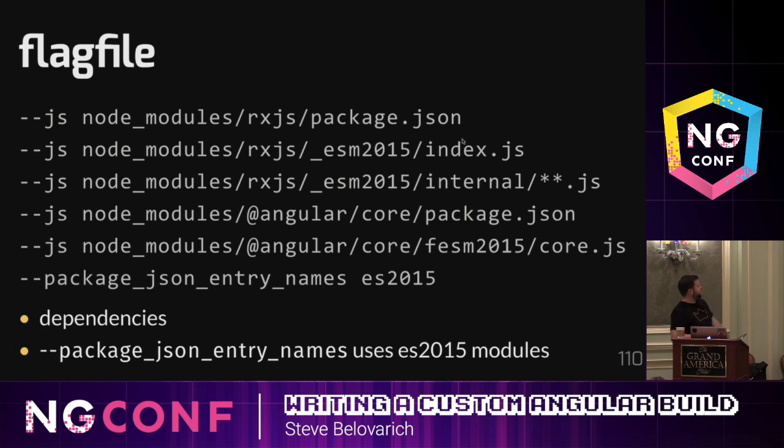So with RxJS, for instance, we're going to tell Closure Compiler to use the ESM 2015 modules in RxJS and try to bundle using those. We're going to give it access to all of the Angular dependencies that we need for our application as well. And then we're going to specify that we want to use package JSON entry names for ES 2015.